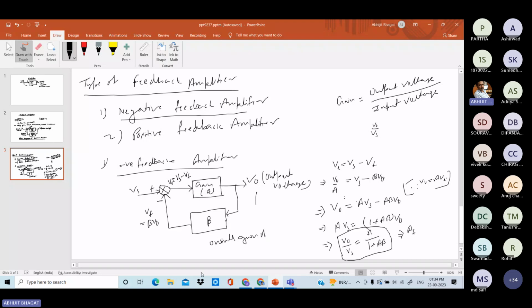After using the feedback, the new gain of the amplifier is AF. So here V0 by Vs is AF, and AF equal to A divided by 1 plus A beta. Is it okay? Clear to everyone?